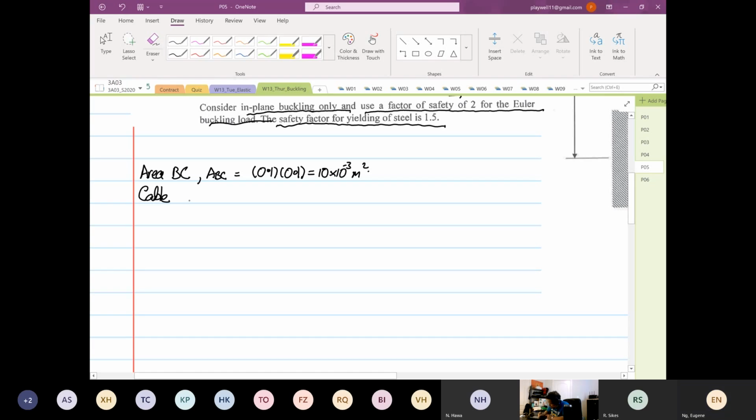So this is equal to A_AC. So this is equal to pi. So the diameter is what?